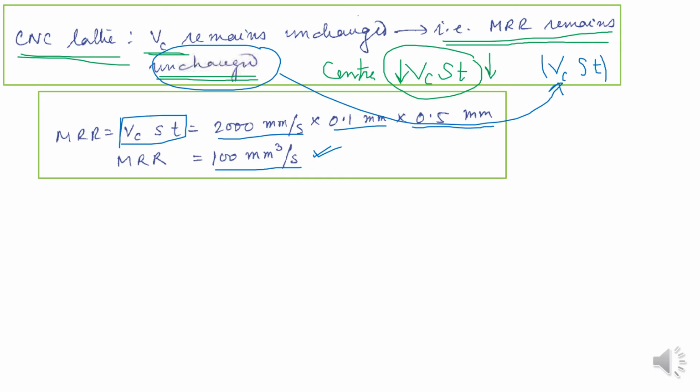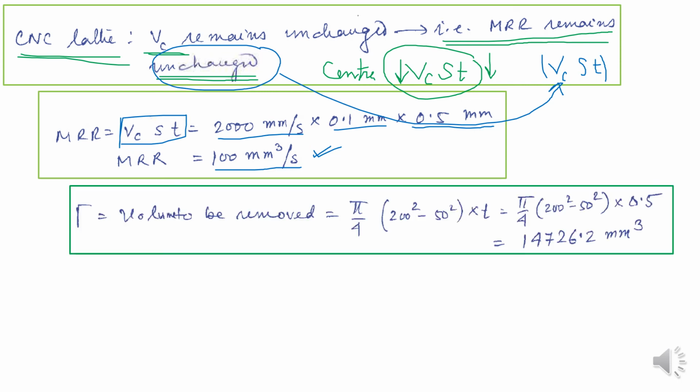Now, how do I calculate machining time? Earlier, I was having feed rate. Now, we are having MRR with us. So, instead of finding out how much distance the tool has traveled, we will find out the volume of material removed.